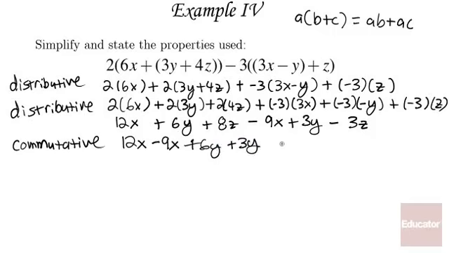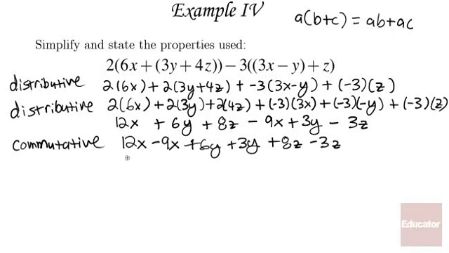And then finally z's, 8z and negative 3z. All that's left to do is add like terms. So 12x minus 9x is 3x, 6y and 3y gives me 9y, and 8z minus 3z is 5z.